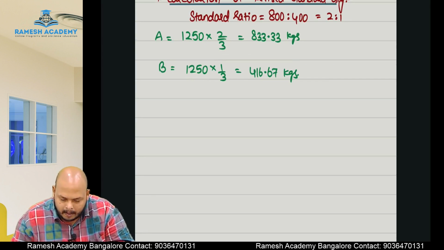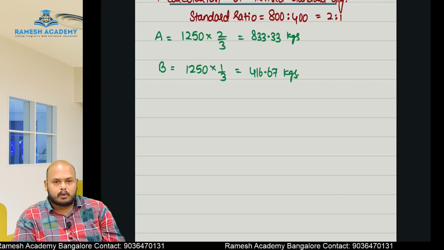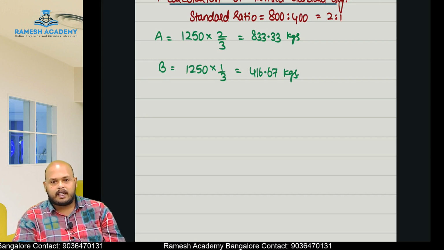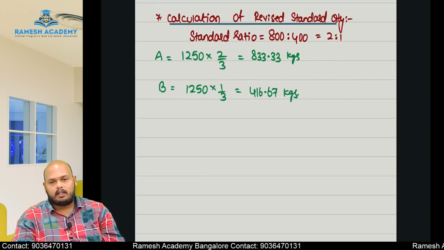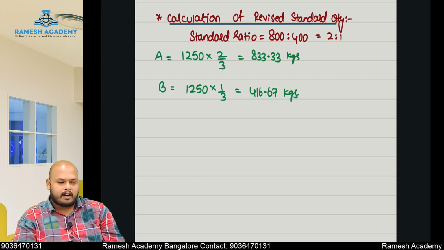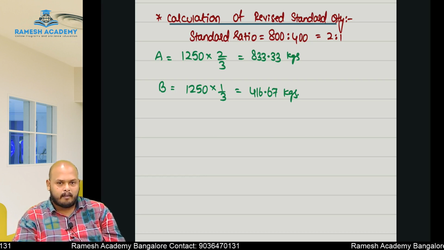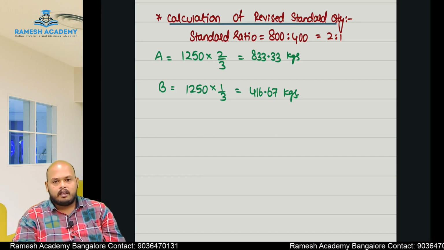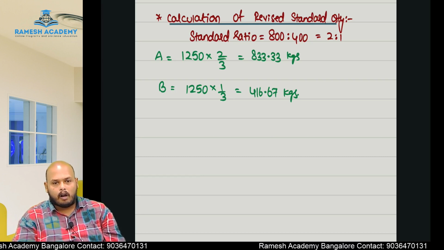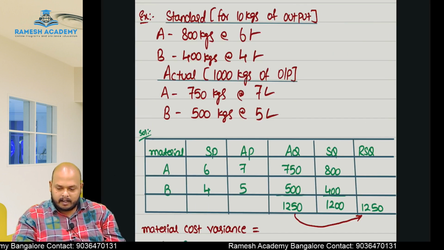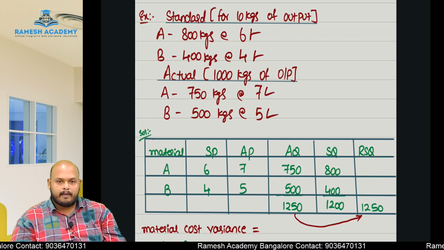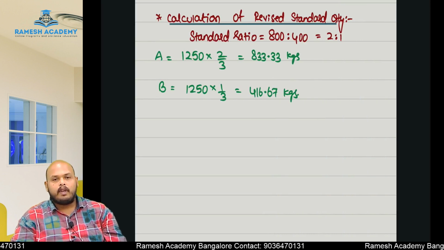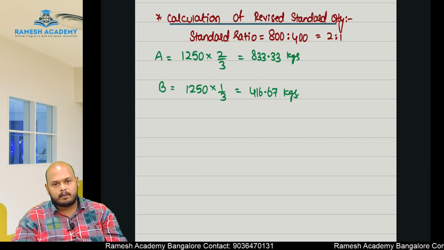This is the thing. A is equal to 833.33 kgs, B is equal to 416.67 kgs. This is the revised standard quantity. Always the actual quantity will become the revised standard quantity, and this revised standard quantity we have to apportion in the standard ratio.